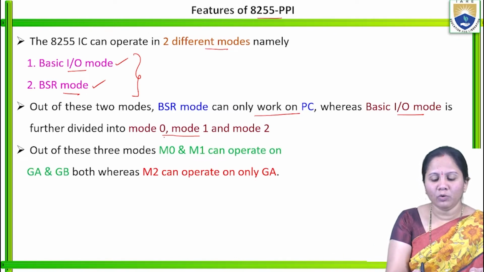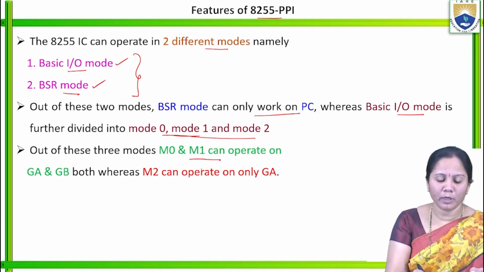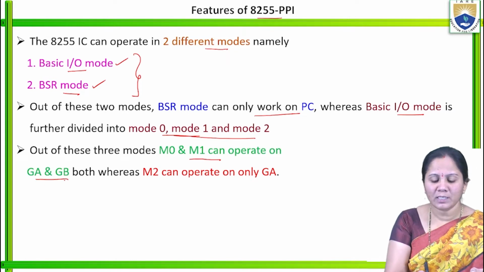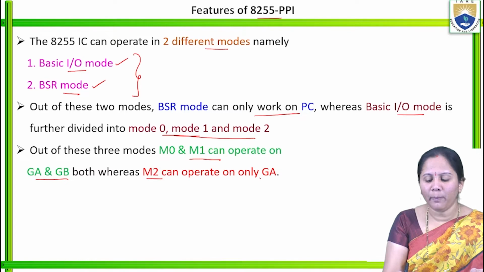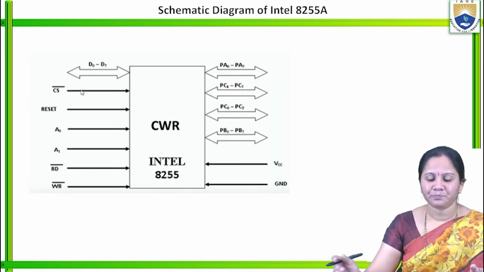Out of these three modes, mode 0 and mode 1 can be operated under group A and group B, whereas mode 2 can be operated only under group A. These are the operating modes of 8255 PPI.